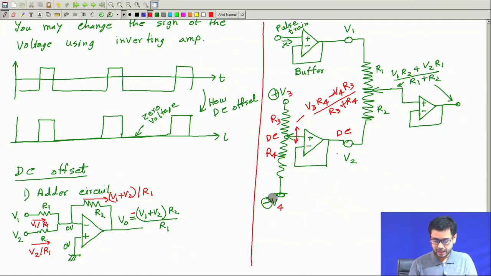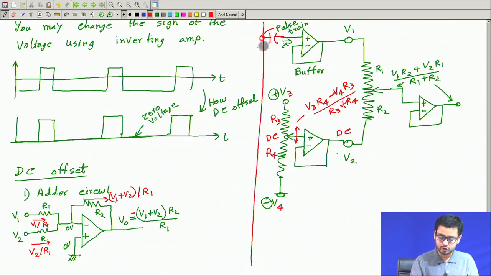Okay. And sometimes we connect a capacitor here before we feed the pulse train. This capacitor will remove any DC component that the signal may have.